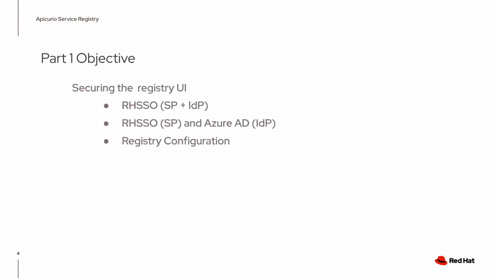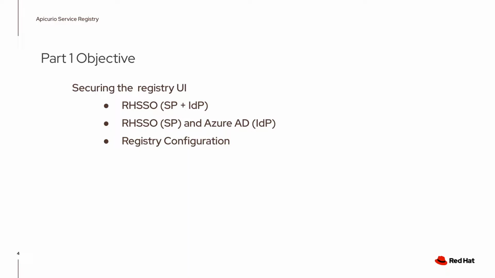Coming back to part 1's objective. The main objectives are telling you how you can use RHSSO, single sign-on, as both the service provider and the identity provider, meaning that it does everything. Right? You put all the user information and credentials and the roles that your users are going to have in single sign-on.